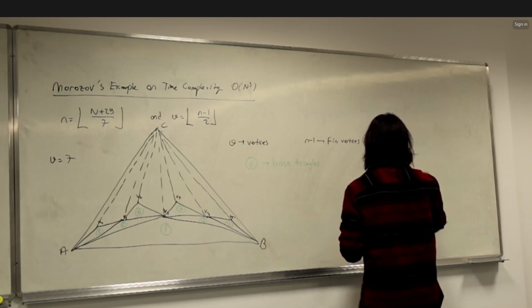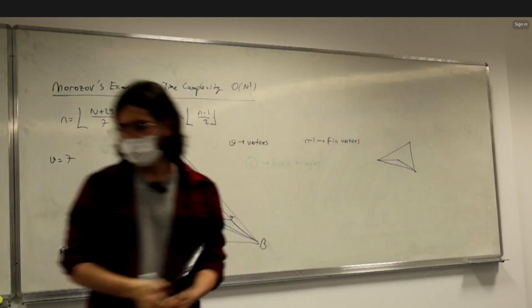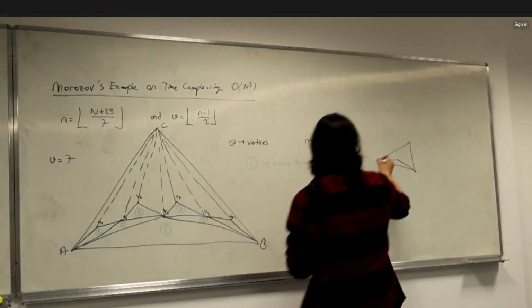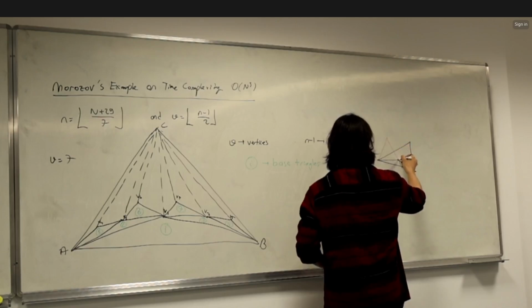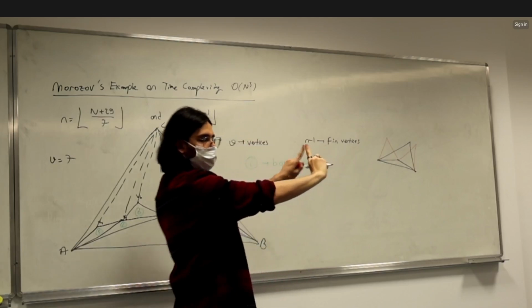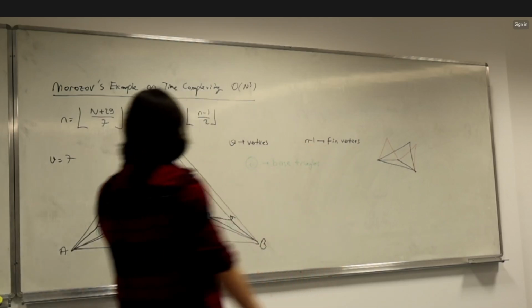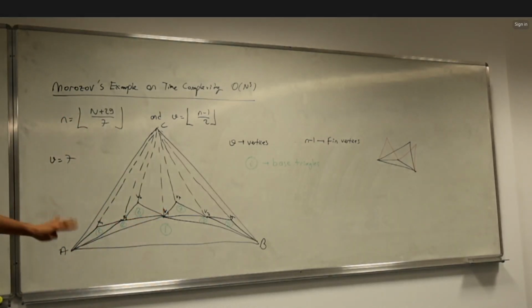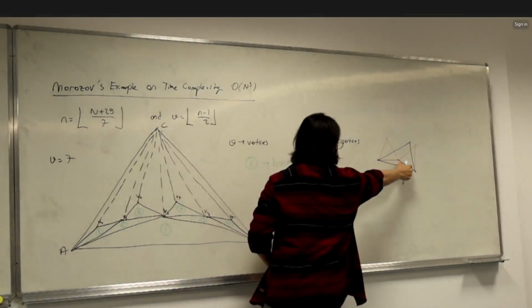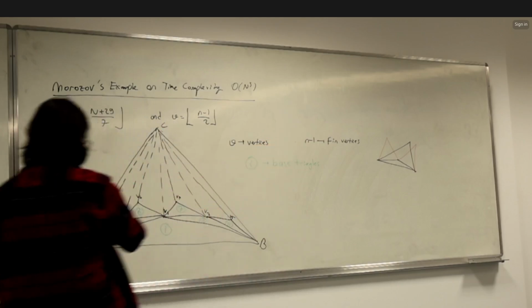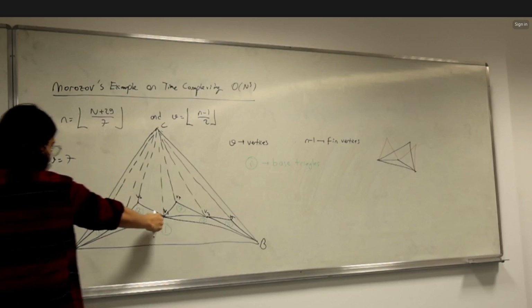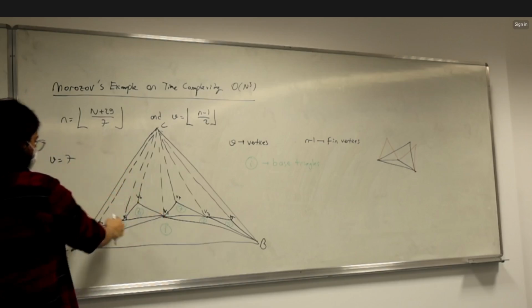For instance, for V1, we have a shape like this, like a fin. I'm not going to draw it here because it will complicate the picture, but remember that we have n-1 many edges like this, which are put above every edge here.